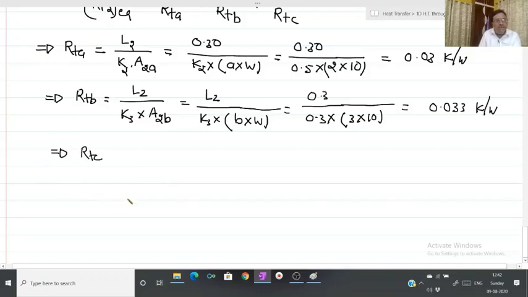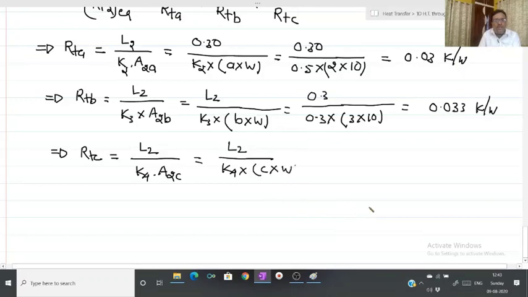Then RTC, its thickness is again L2. Thermal conductivity is represented by K4, and the area normal to heat transfer is A2C. So L2 over K4, with area normal to heat transfer given by height C into width W. Once again, its thickness is 0.3, its thermal conductivity is 0.4, the height is 2 and the width is 10.